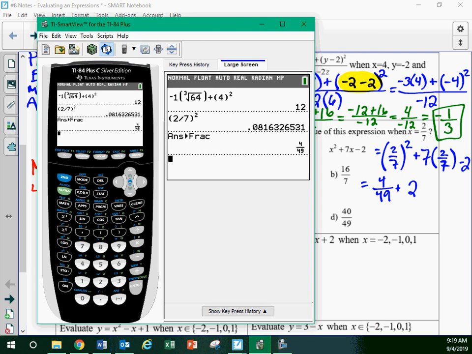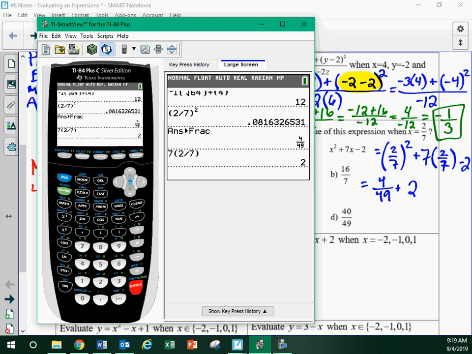I don't want to divide it twice. Make sure that you use those parentheses. Good. And then we still have our minus 2.